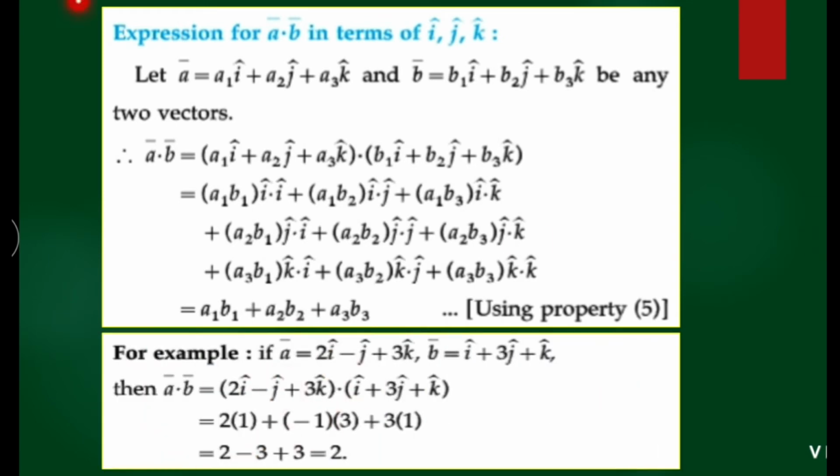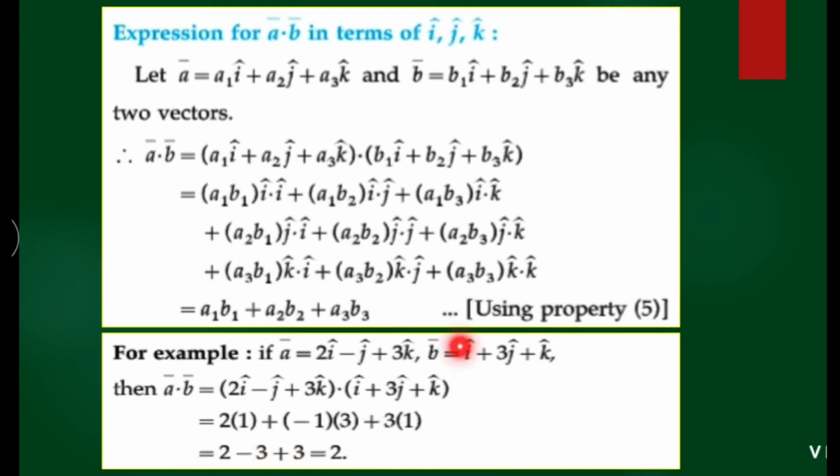See here an example. If vector a is 2i minus j plus 3k and vector b is i plus 3j plus k, so we write the dot product directly as 2 into 1, so we write 2, minus 1 into 3, which is minus 3, 3 into 1, 3, so minus 3 plus 3 get cancelled, we get 2.